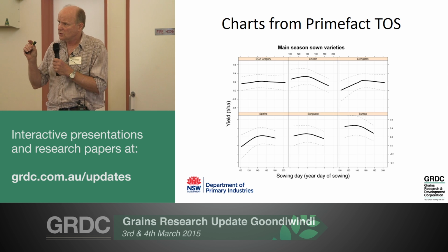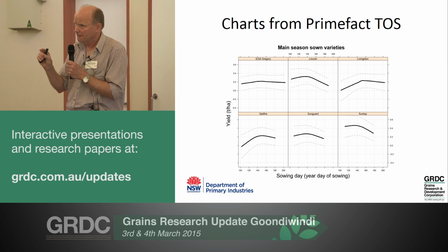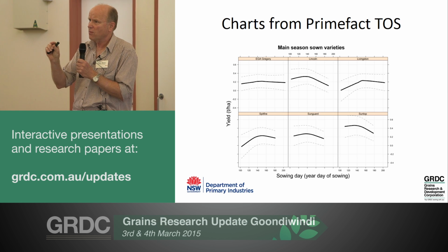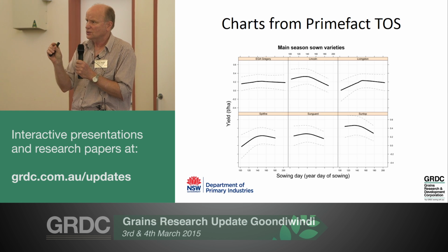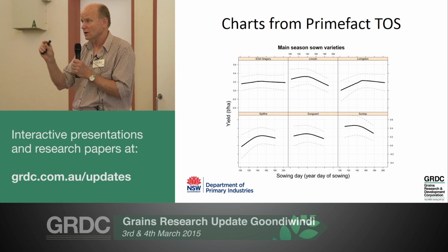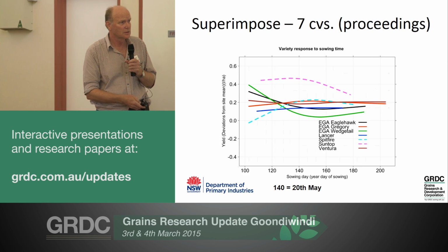You can actually use this information to decide on what date you're going to change from one of the earlier sown varieties, or winter or facultative varieties, to one of the spring varieties.